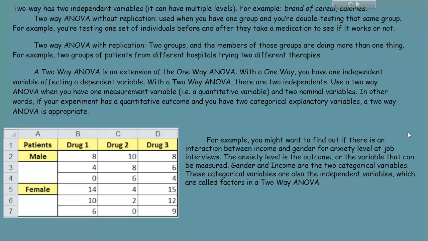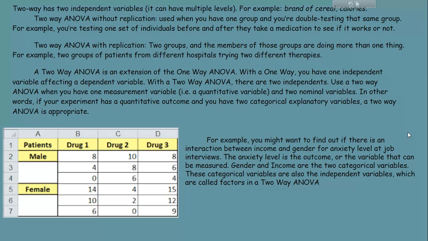For example, you're testing one set of individuals before and after they take a medication to see if it works or not. A two-way ANOVA with replication, two groups and the members of these groups are doing more than one thing. For example, two groups of patients from different hospitals trying two different therapies.